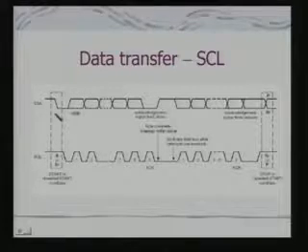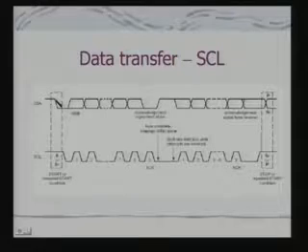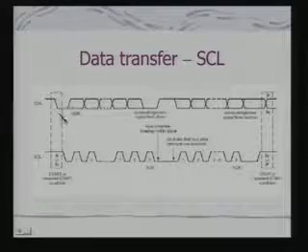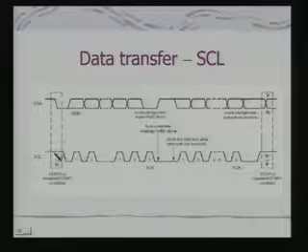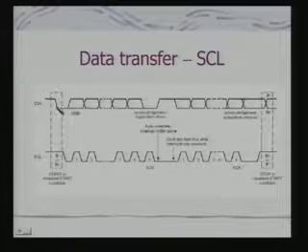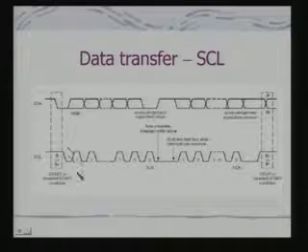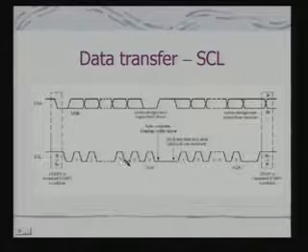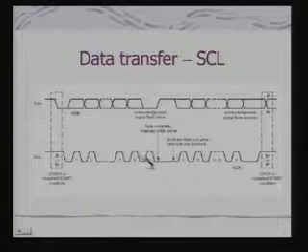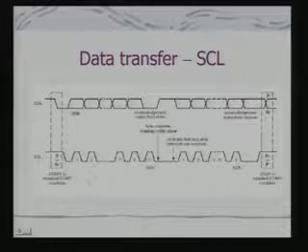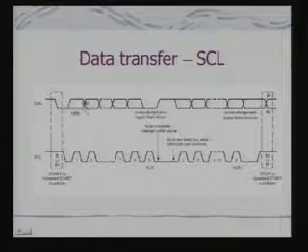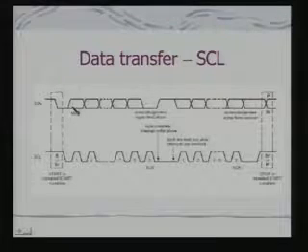So, pictorially if you look into it, this is basically the transition which is taking place from 1 to 0 when my SCL is high, which is indicating that a data frame is starting, okay. Followed by this, there are these clock pulses which are being generated by the master, and this data is being sent with the most significant bit first.